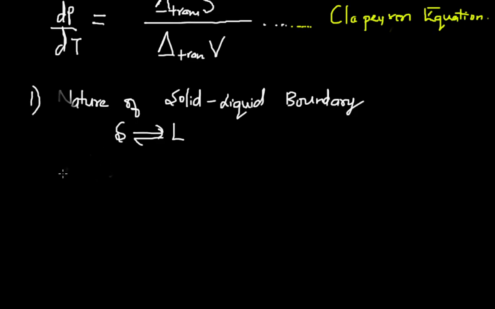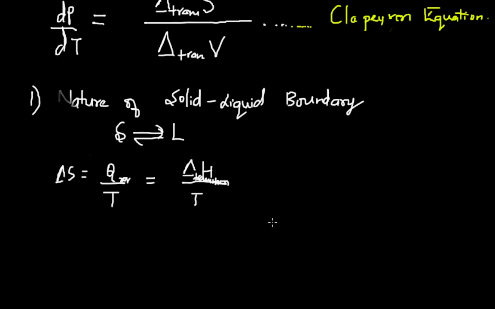See, your delta S is given by Q reversible by T, right? Now what is Q reversible by T? It can be given by delta H by T of transition. So since it is solid to liquid, I can as well write delta S in terms of delta fusion.